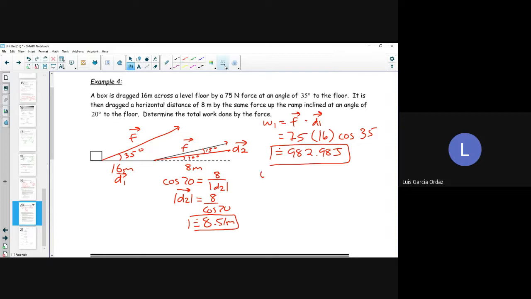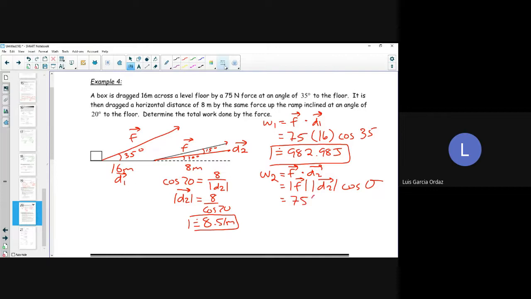So I need to figure out how much work I do in the second stage of this activity. I take F dot product D2, which gives me the magnitude of F times the magnitude of the second distance times cos of theta. I know F is still 75 newtons.